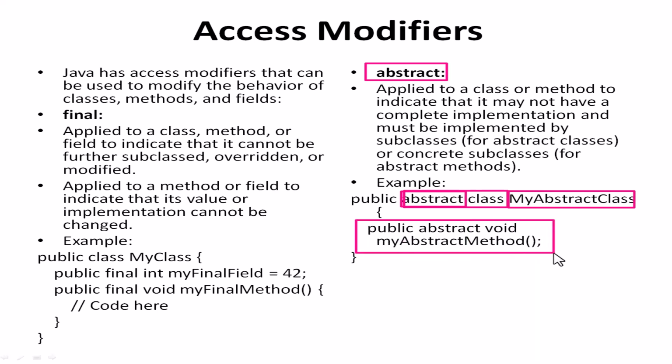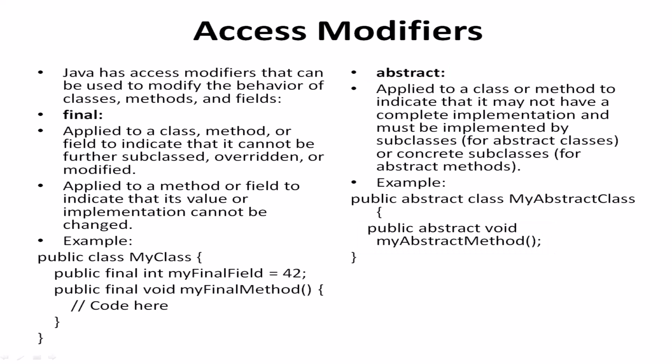Here you have declared public abstract, where the keyword is abstract, and you have declared myAbstractMethod. Void means it doesn't have any return type. Here we have declared a particular method as abstract, so the implementation part should be completed by the child classes or other methods.